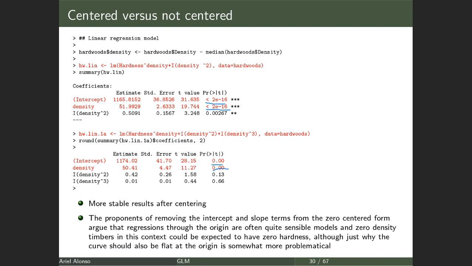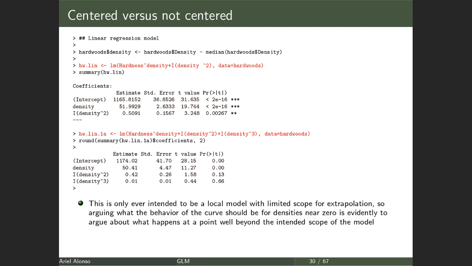And why is that reasonable? I mean, just removing the intercept and the slope will impose extra conditions on how this curve has to behave close to zero. And we do not have data close to zero. So we cannot check that this property that we imply with a quadratic term alone is actually correct.